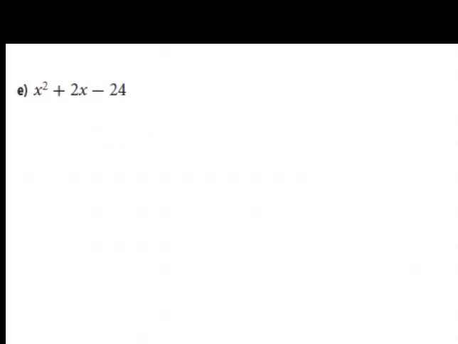The next one is x squared plus 2x minus 24. Again, there is no common factor, and the leading coefficient is 1, so I can use sum and product. The two numbers that multiply to 24 are 1 and 24, 2 and 12, 3 and 8, 4 and 6. The next one is 6 and 4, which is a repetition, so we stop. Now, between these pairs, I have to find the one whose sum is 2.